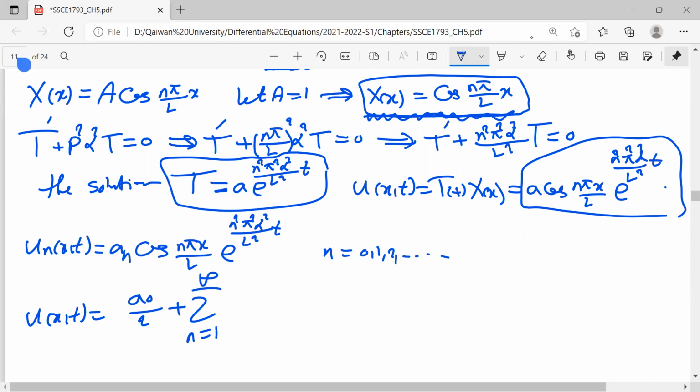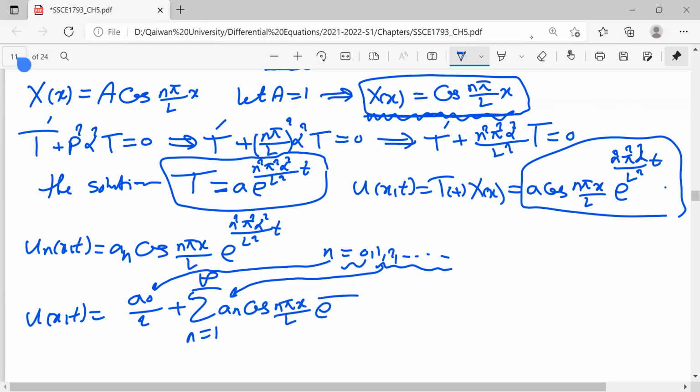Look, here we take n to be 0 for this term, and the rest from 1 to infinity in the series, a_n cosine n pi x over L times e to the power n squared pi squared alpha squared over L squared t. And here we must find a naught and a_n.